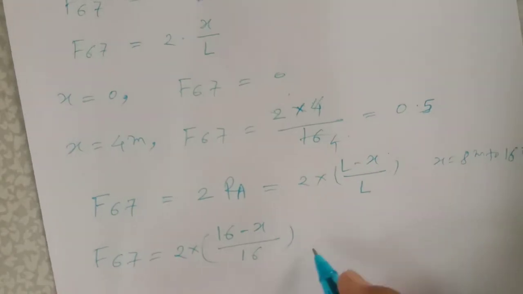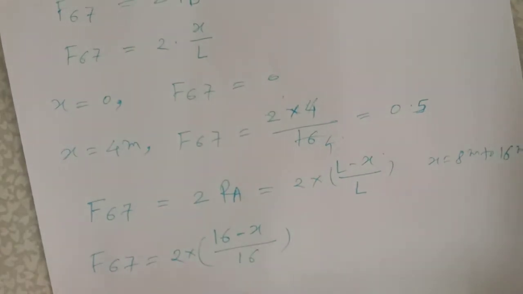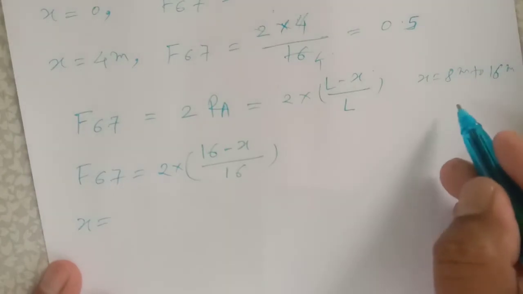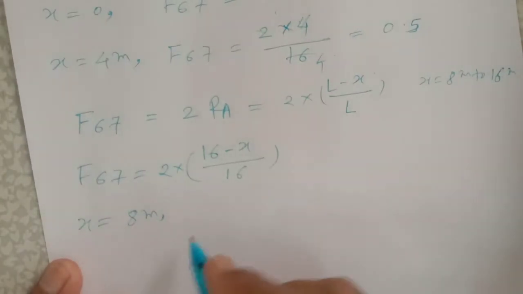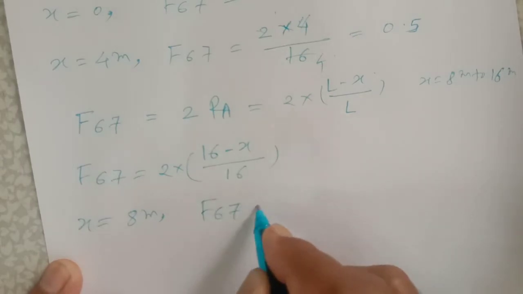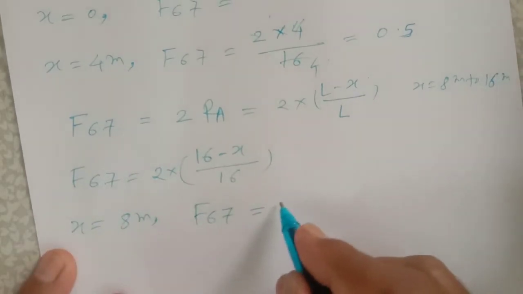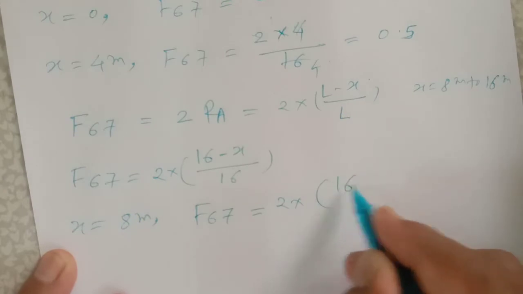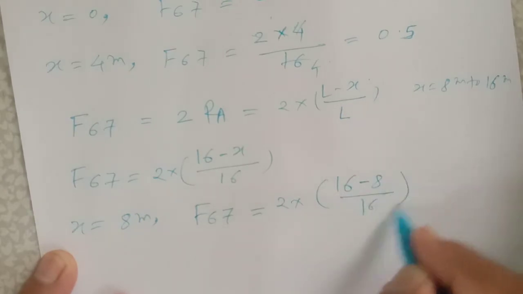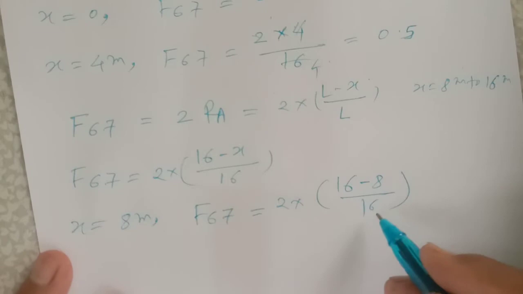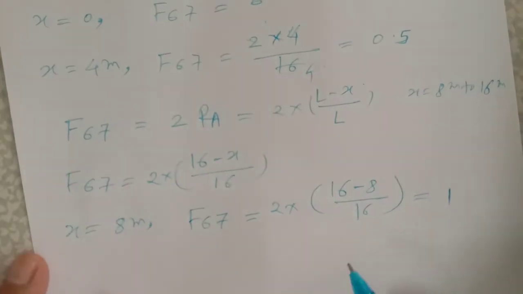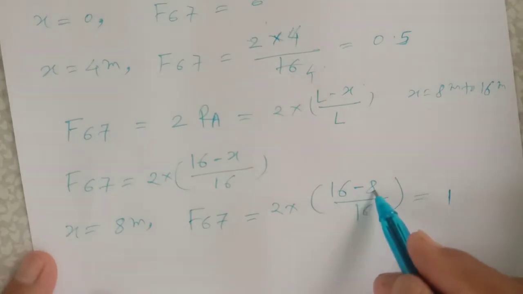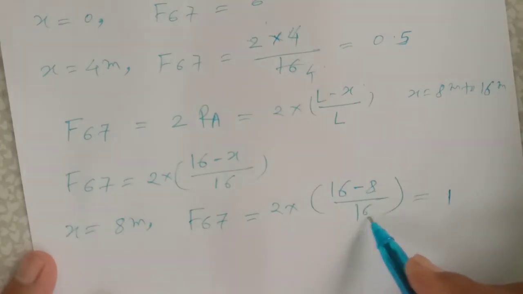Okay, now when I put X is equal to 8 meter, force in member 6, 7 is equal to 2 multiplied by 16 minus 8 divided by 16. So it is 8, that is 1 by 2. So its value is 1. Is it correct? 16 minus 8, that is 8. 8 by 16, that is 1 by 2. 2 cancel, we get 1.